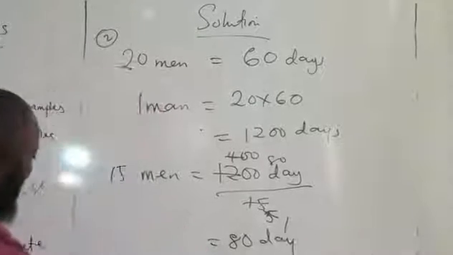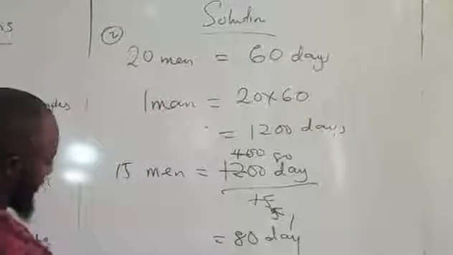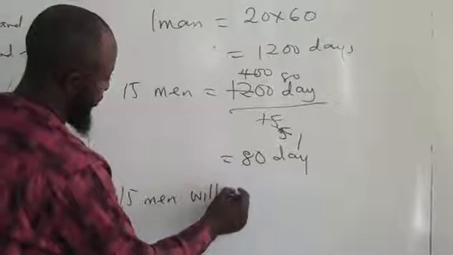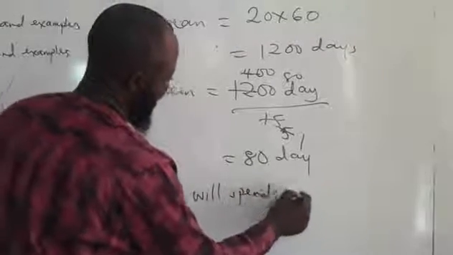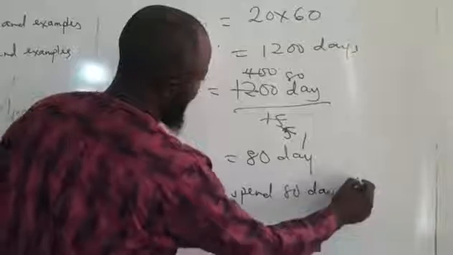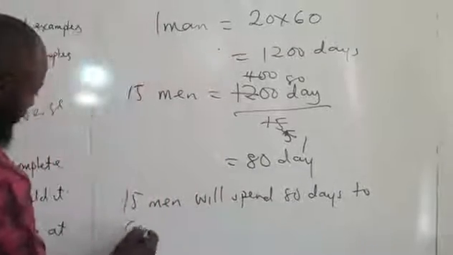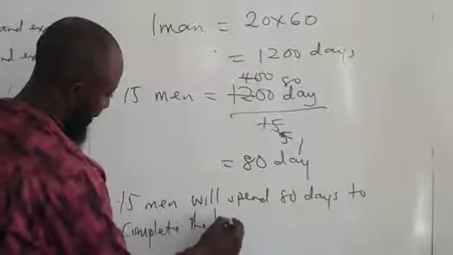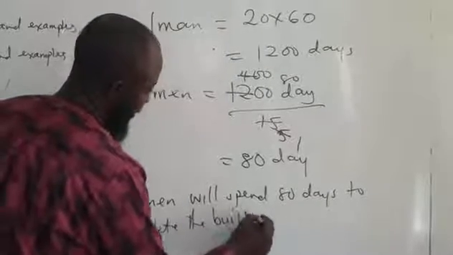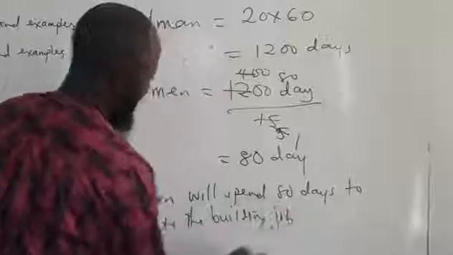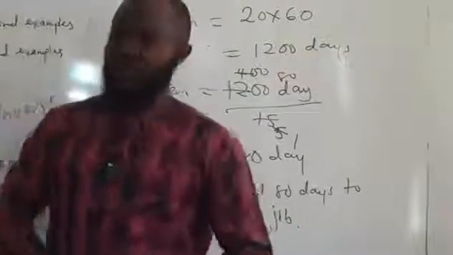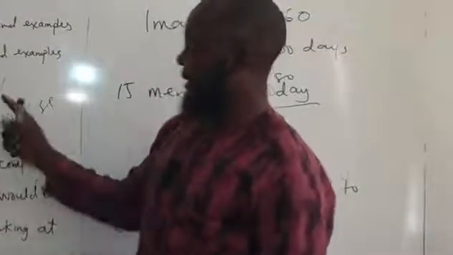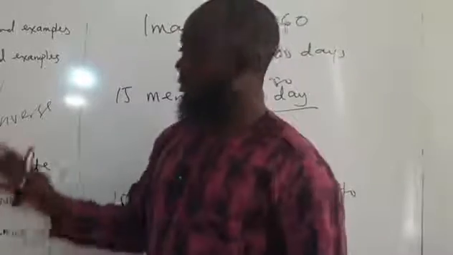So 15 men will spend 80 days to complete the building job. So that is that on direct and indirect or inverse proportion.